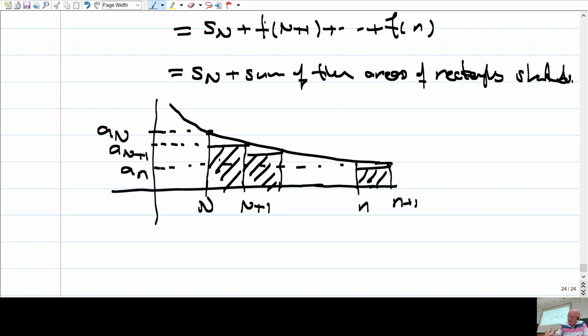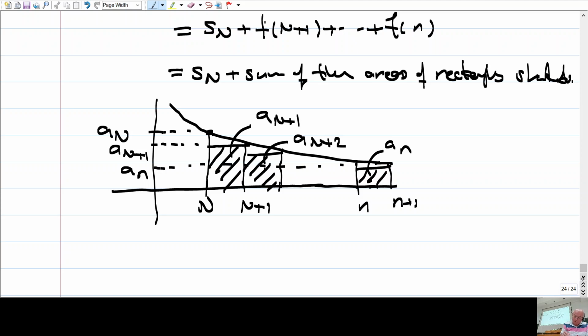An plus 1 is the area of this rectangle. An plus 2 is the area of this rectangle. Right? So this is an plus 1, this is an plus 2, and this is an. So the sum of these rectangles is equal to this sum of values of the function f.